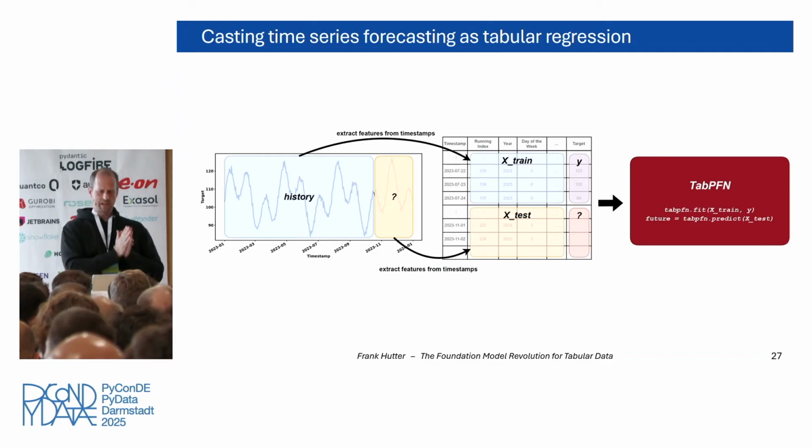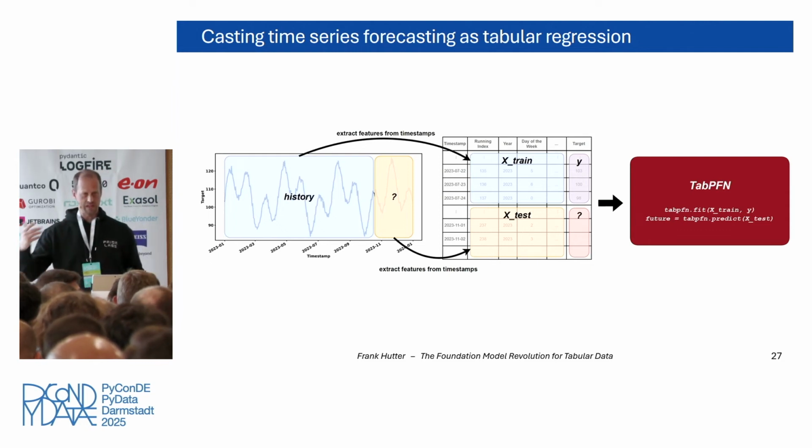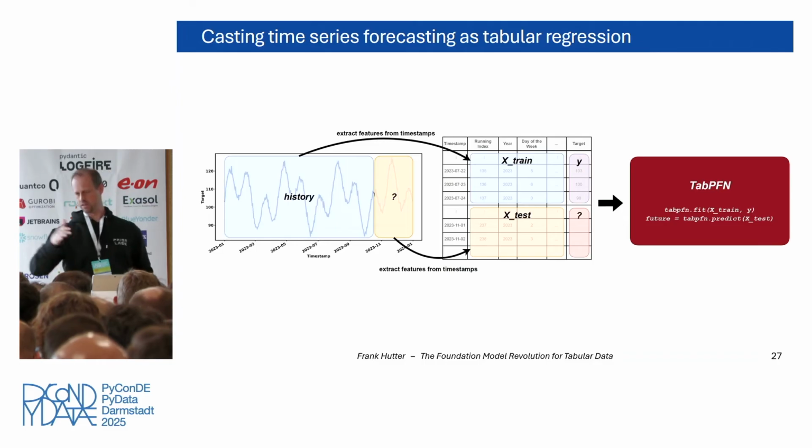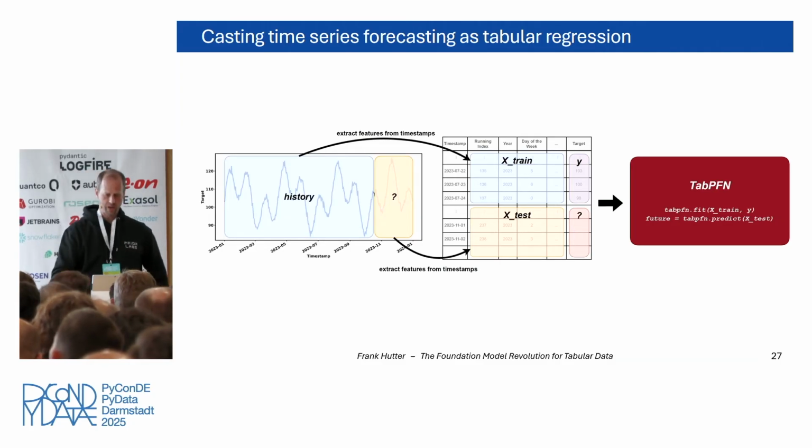And then basically we've featurized every data point here, and we can treat them as IID data. So we can then also do the same with the data in the future. So 17 days in the future, I can just say, well, what is the day of the week? What is the hour of the day, etc. And so I can actually create this X train, Y train, X test, and the question mark is, well, our prediction for the future, and call TabPFN.